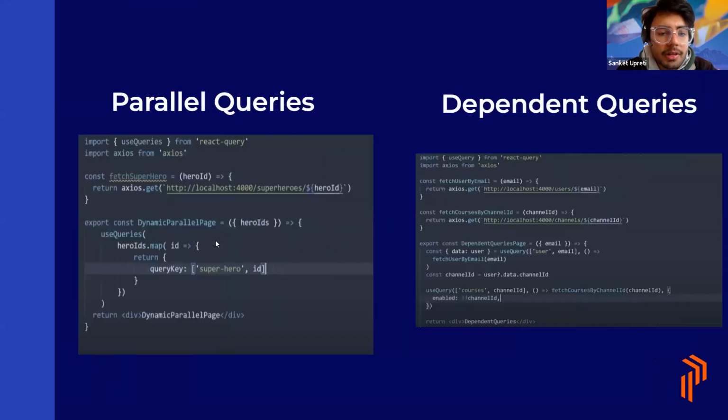For parallel queries, this is an example I took from YouTube. The parallel queries actually pass two or more data. So in this case, the superheroes has a hero ID. The hero ID can be any number. We were not sure, it can be 2 or 3 numbers.